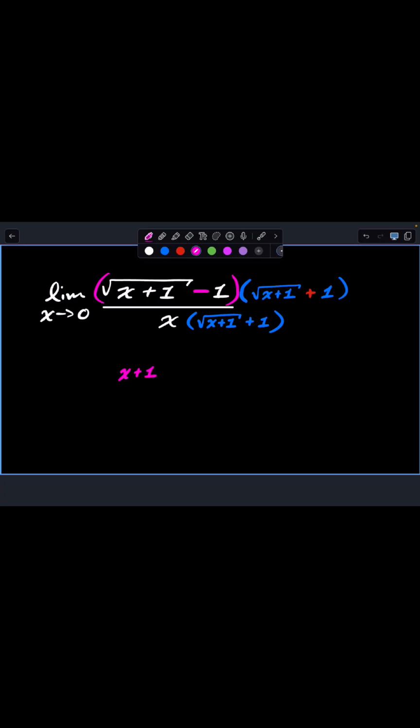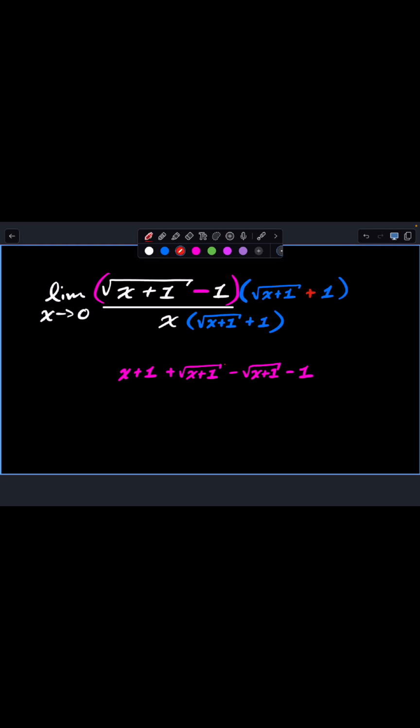Y'all see how we got that? Now, we're going to distribute the square root of x plus 1 times 1, which is going to be a positive square root of x plus 1. And then we take the negative 1 times the square root of x plus 1, so we get a minus square root of x plus 1. And then negative 1 times 1 is negative 1. Do you see how the conjugate cancels out the middle term?